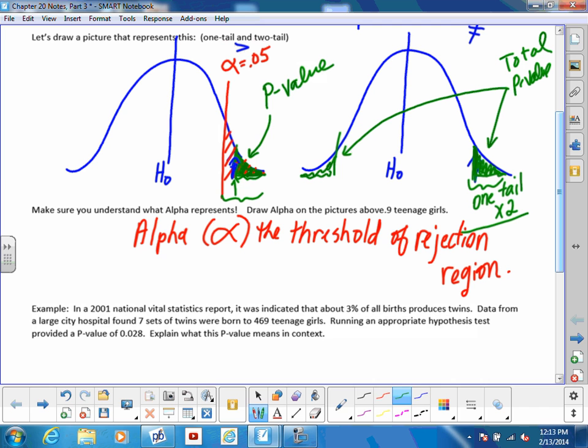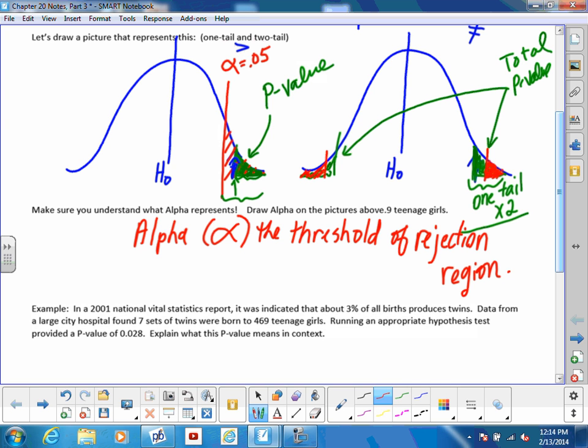Okay, good. Let me ask you this. What happens if, on this picture over here, we get an alpha such as this, where the mirror image would put the other part here, so our alpha is split between the two tails? In a case like this, would we end up rejecting? No. Very good. We are not rejecting because my red rejection region is smaller, and the p-value is greater.